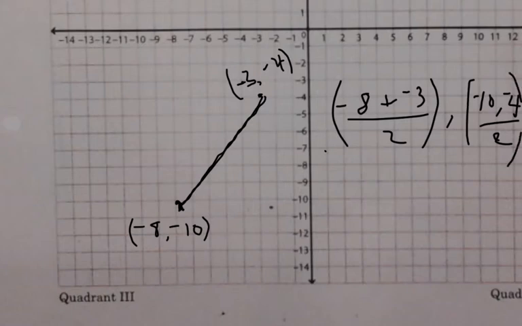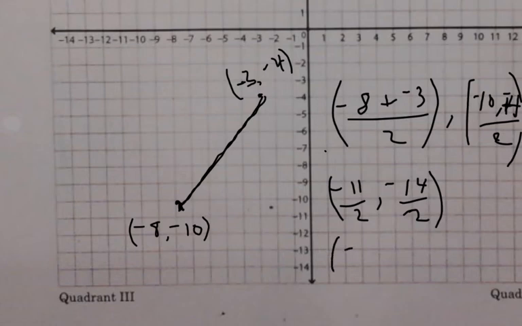Negative 8 plus negative 3 is negative 11, divided by 2. That'll be our x-coordinate. Negative 10 plus negative 4 is negative 14, divided by 2. So this results in negative 5.5 for the x-coordinate and negative 7 for the y-coordinate.